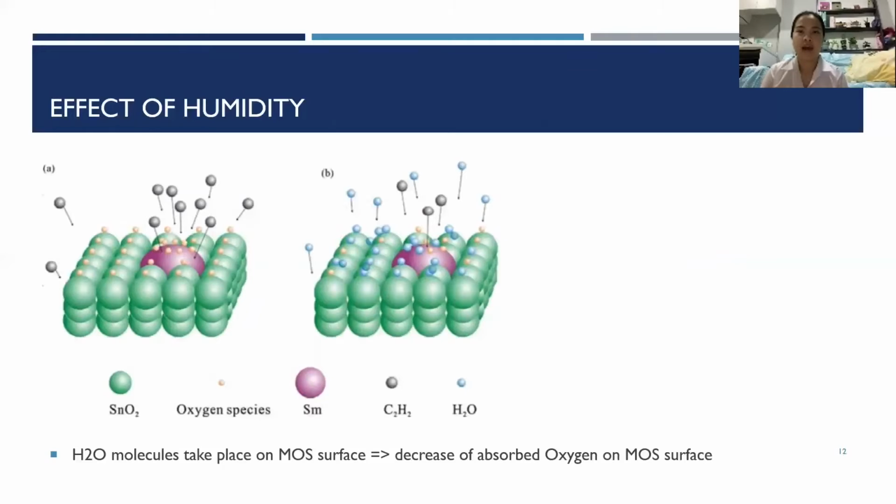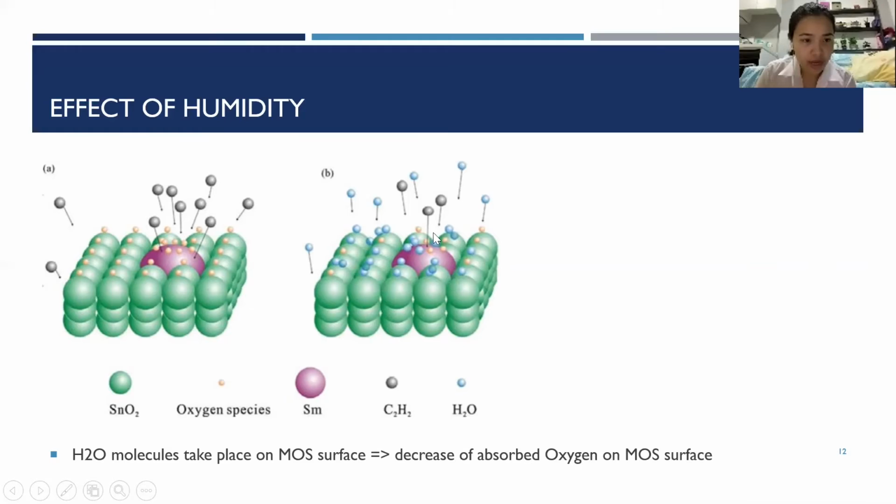So, how does humidity affect the sensor? In picture A here, you can see that the orange spheres are the oxygen adsorbed on the surface of the metal oxide gas sensor. But in picture B, you can see that once the humidity is high, water takes the place of the oxygen.